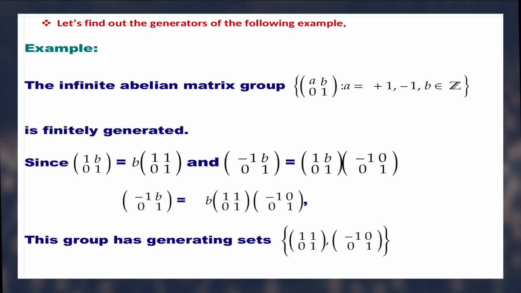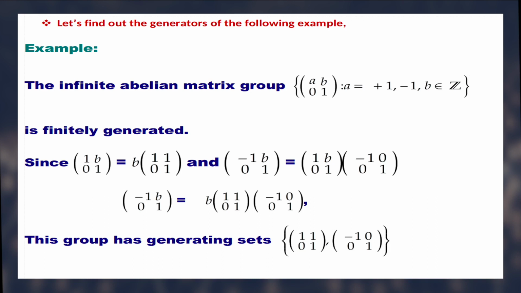The matrix [1, b; 0, 1] is equal to the matrix [1, 1; 0, 1] to the power b, and [-1, b; 0, 1] is the product of [1, b; 0, 1] and [-1, 0; 0, 1].